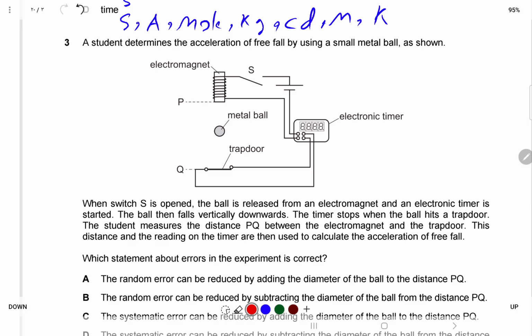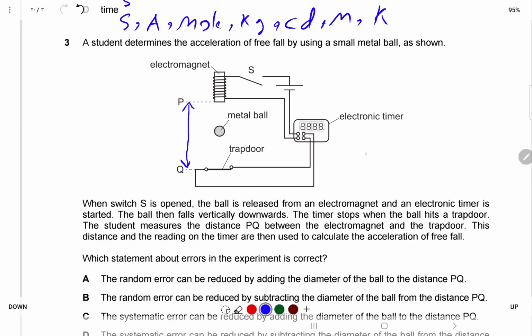The ball then falls vertically downwards. The timer stops when the ball hits the trap door. The student measures the distance PQ, which means this distance here. Focus on this distance PQ, it's very essential in the question, between the electromagnet and the trap door. This distance and the reading on the timer are then used to calculate the acceleration of free fall.